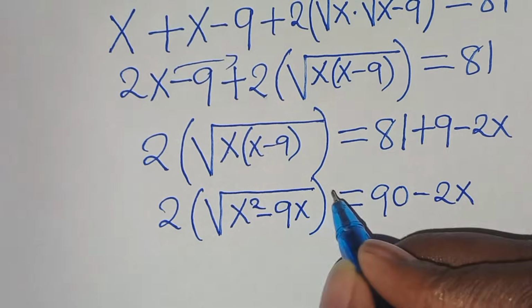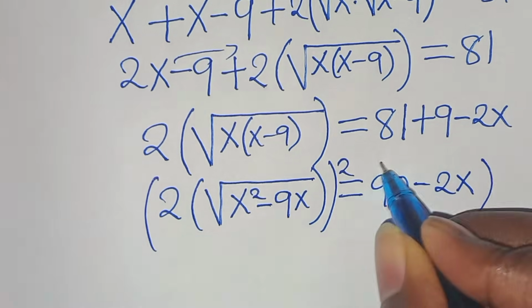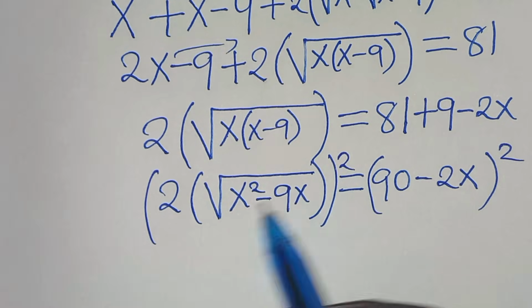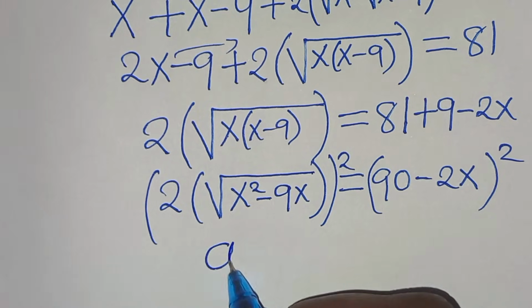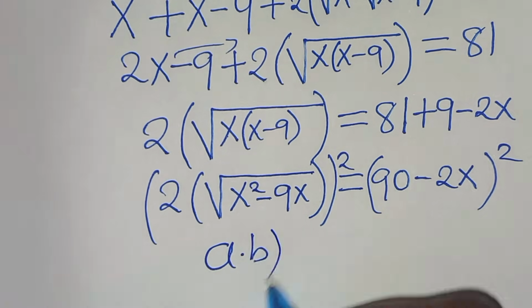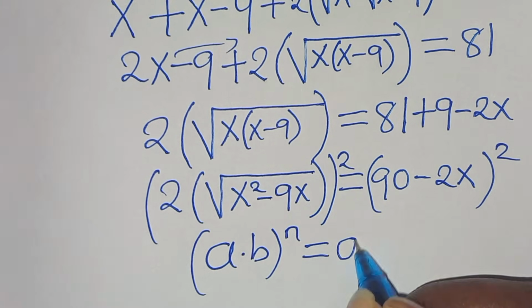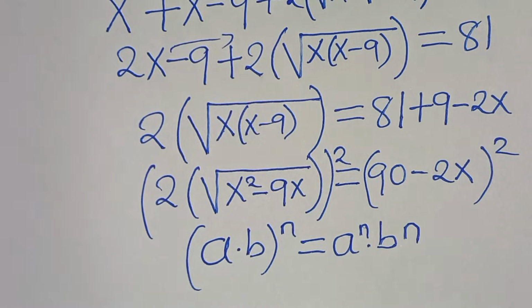The next step is to square both sides from here. This implies that 2 times the square root of x squared minus 9x, to the power of 2. This is in the form of a times b raised to the power of n, which we can express as a to the power of n multiplying b to the power of n.